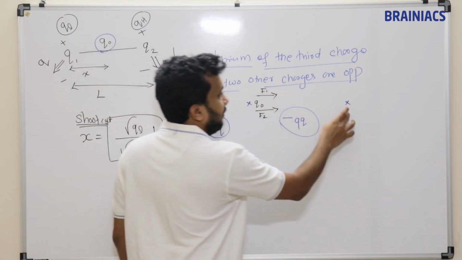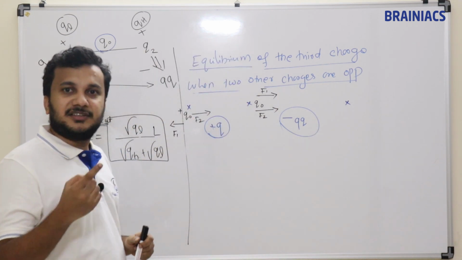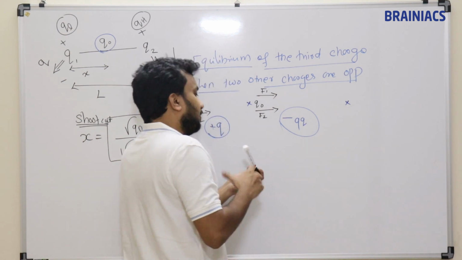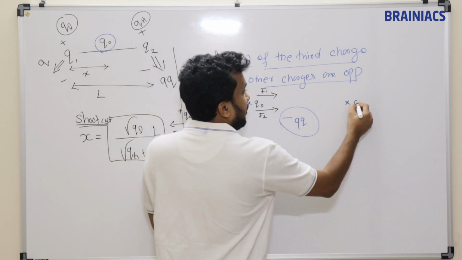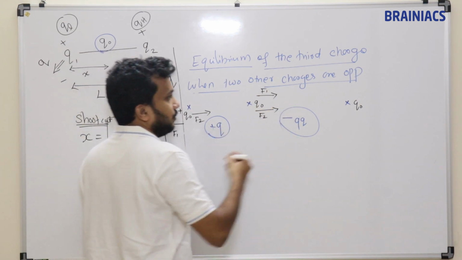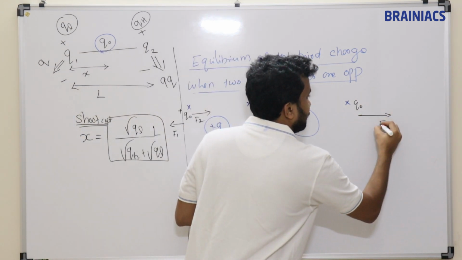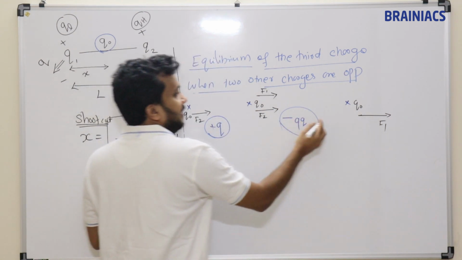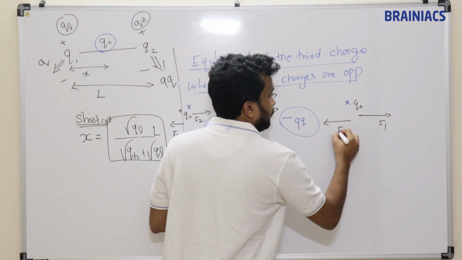Now we'll see what will happen on the right side. Is there any chance or not, we'll see. So here also we'll place the charge q0. Because of plus q and q0, there is one repulsive force F1, and plus q0 and minus 9q give an attractive force F2.